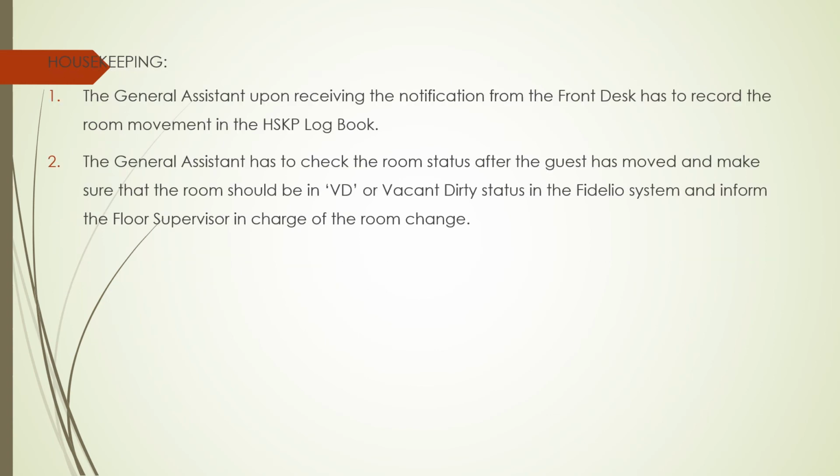Housekeeping. The general assistant, upon receiving the notification from the front desk, has to record the room movement in the housekeeping procedure logbook. The general assistant has to check the room status after the guest has moved and make sure that the room is in vacant or dirty vacant status in the Fidelio system, and inform the floor supervisor in charge of the room change.